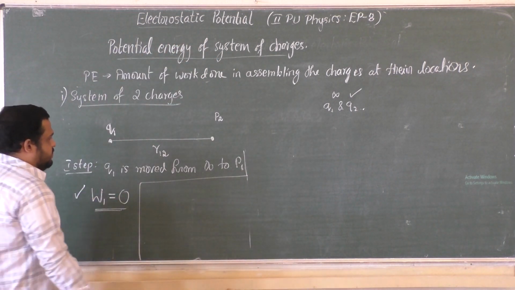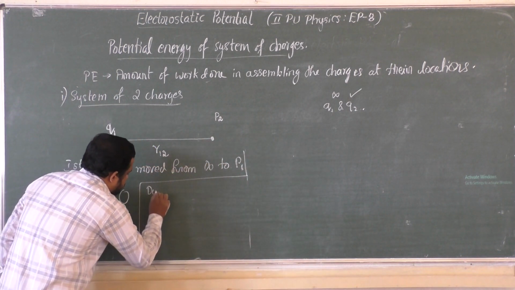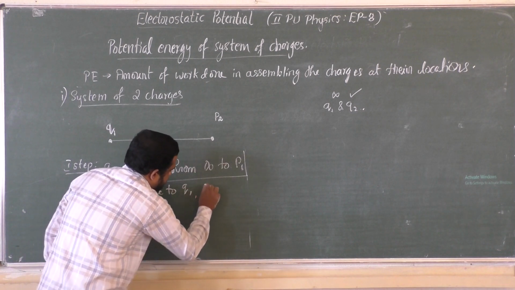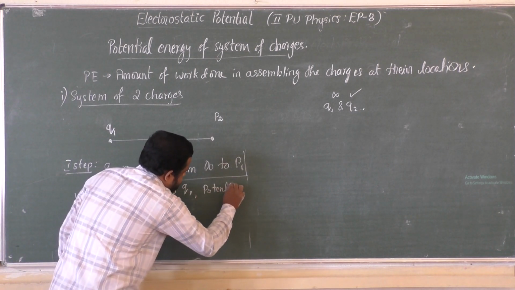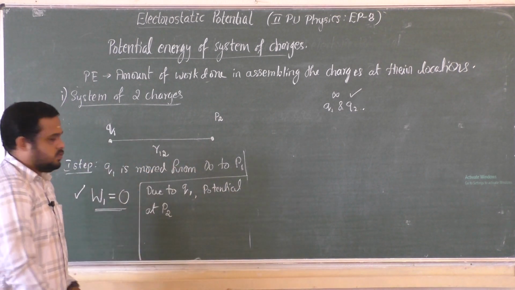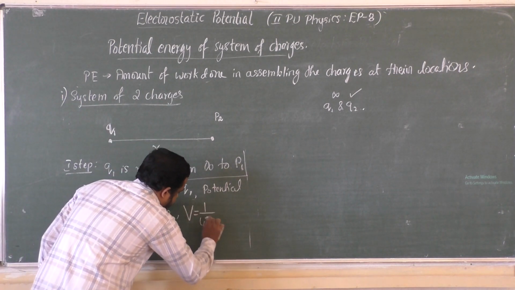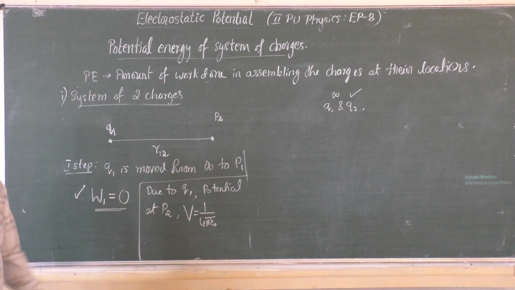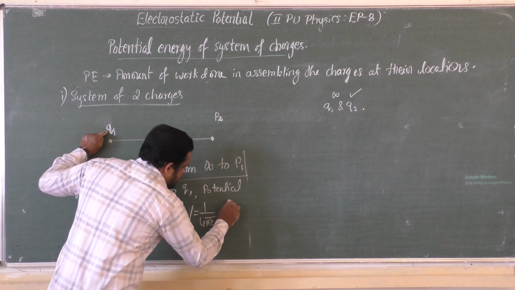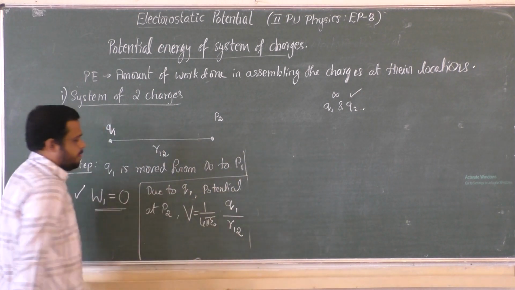Due to that electric field, the potential at point P2 due to charge Q1 is given by V is equal to 1 by 4 pi epsilon naught, since it is a point charge, into the magnitude of charge Q1 divided by R12.